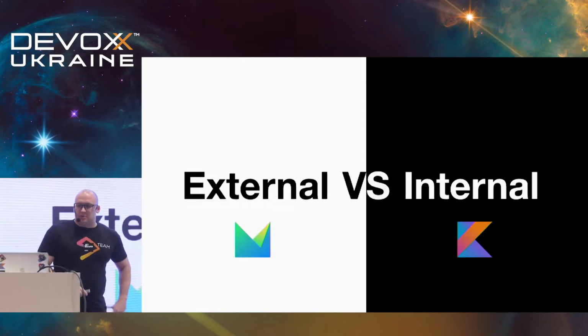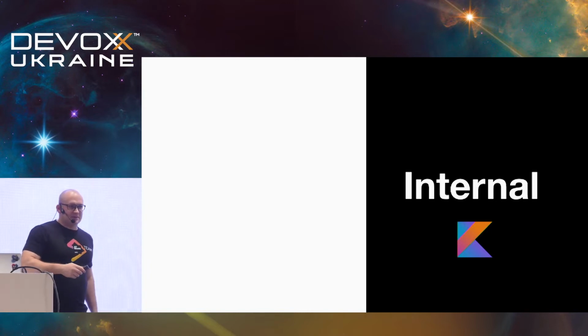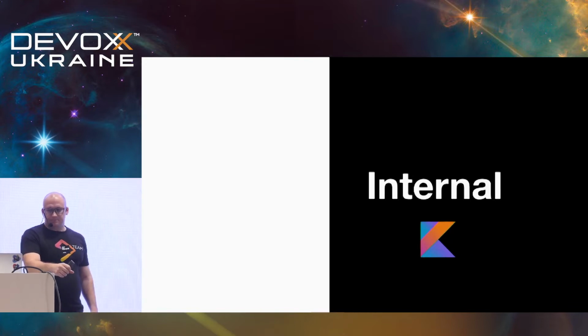But we are going to stay on the dark side today and use Kotlin to implement internal DSLs, and you will see that we are not really developing a new language, but we are using the language idiomatically. We are using new syntax sugar to create DSL-like syntaxes in our programs.